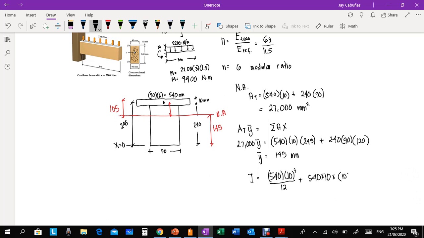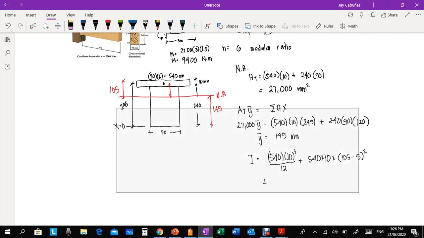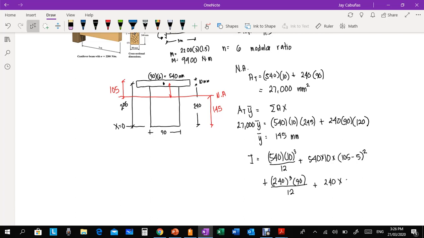I guess it's 105. So therefore, this is 105 minus 5 squared, tama? Plus, so wood, we have 240 cubed times 90 over 12, correct? 240 cubed times 90 divided by 12 plus 240 times 90 times the height is kanina rin, no?